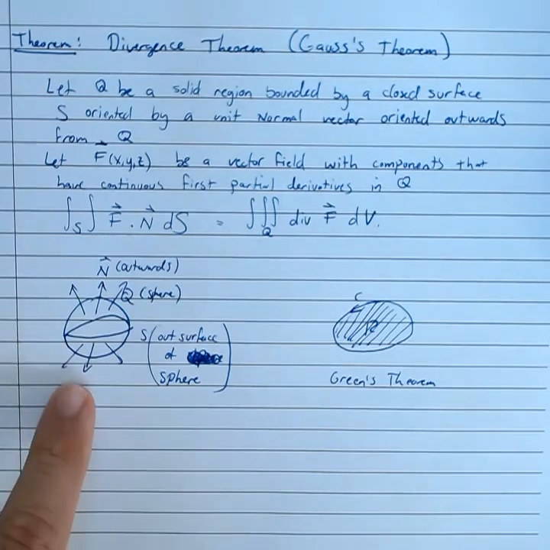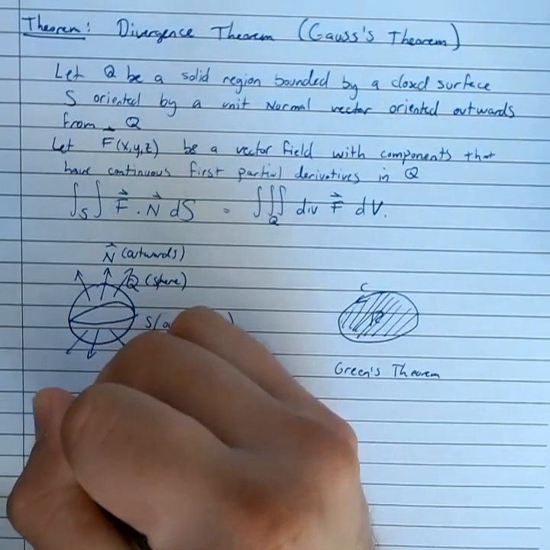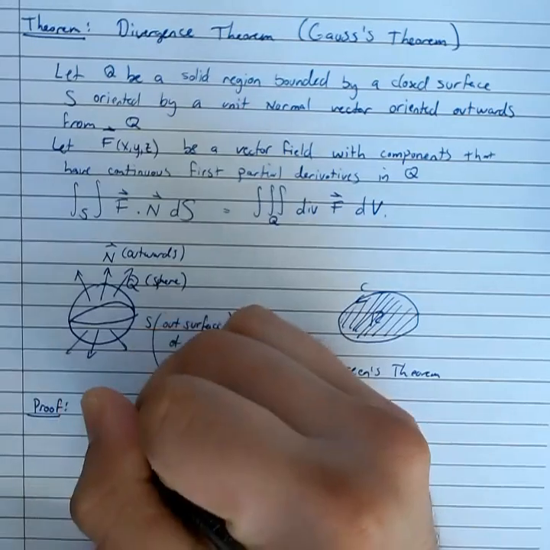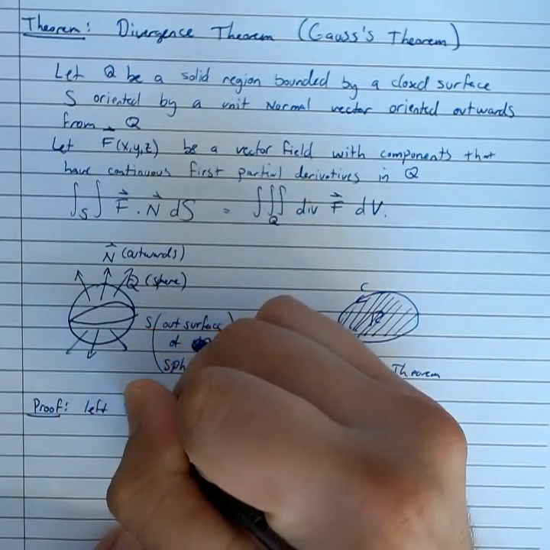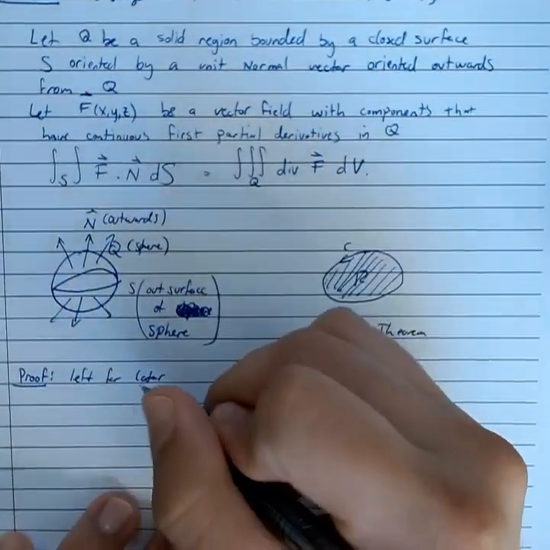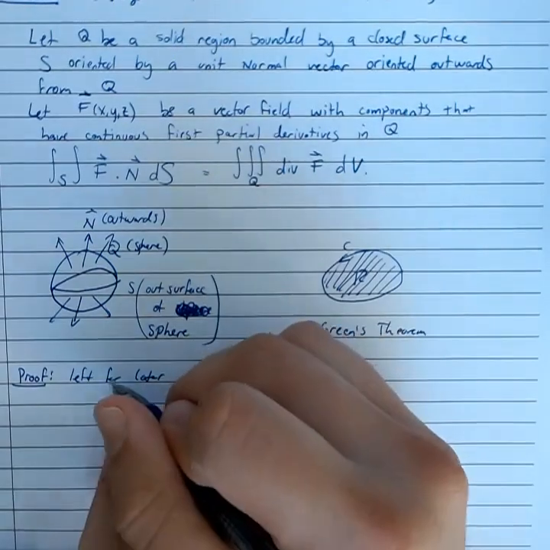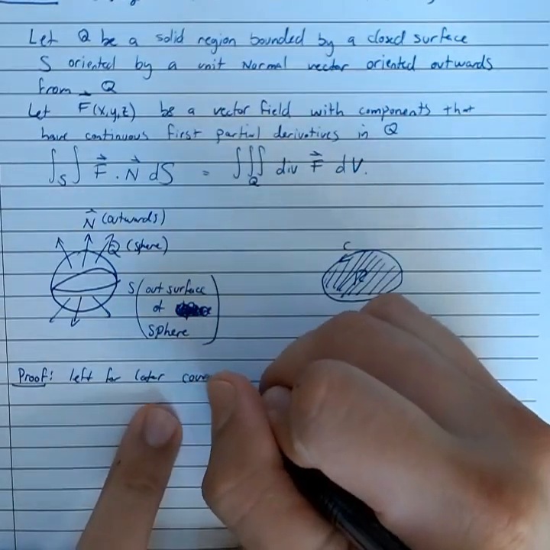And so instead of proving a very childish version of it, I'm just going to say the proof is left for later courses. I'm going to assume everyone here is going to take senior level analysis eventually, because sure, why not.